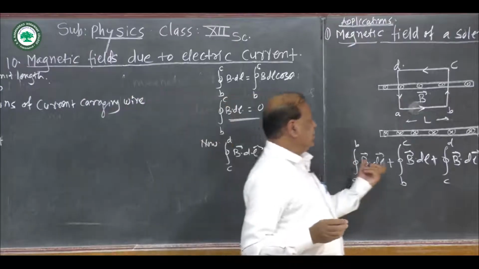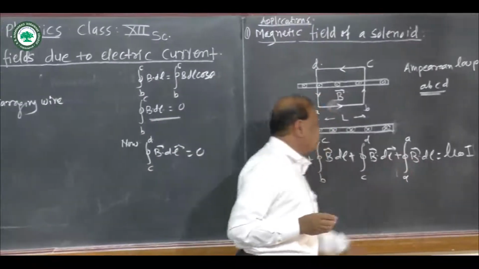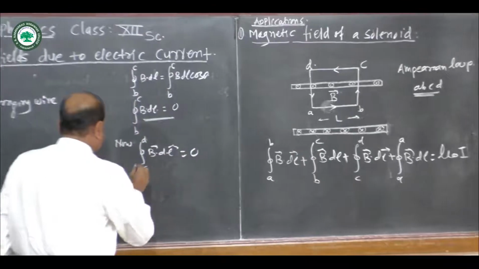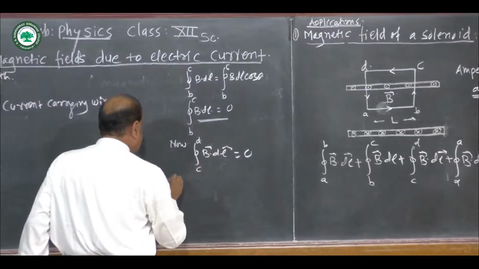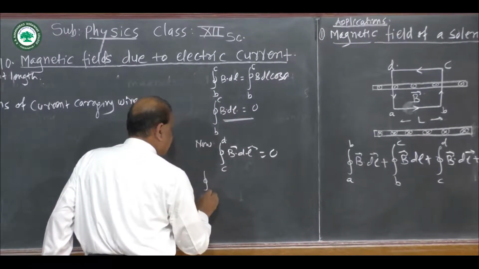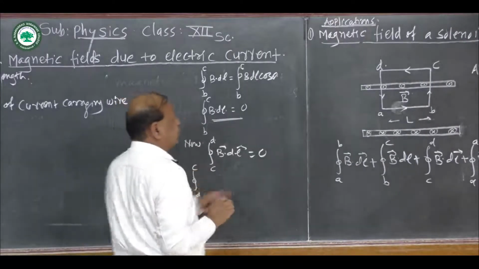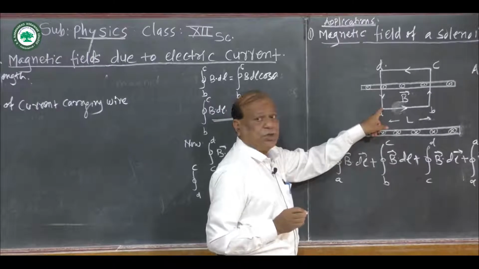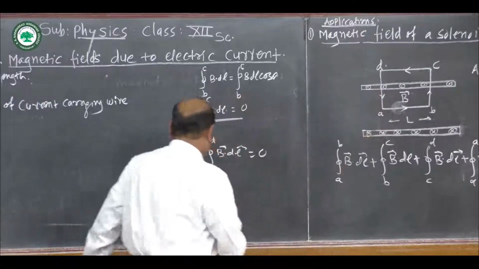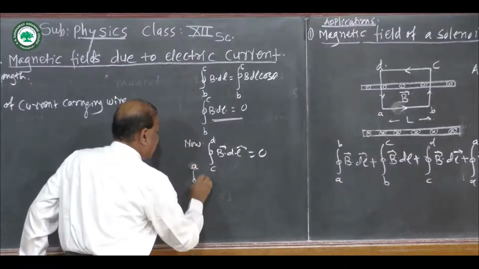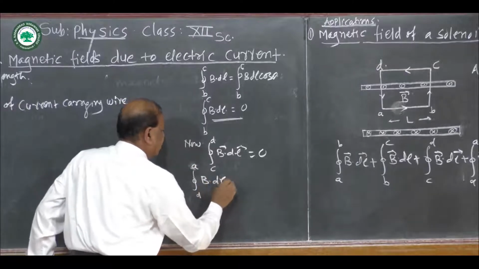Again consider the fourth line integration, from D to A, of B dot dl.